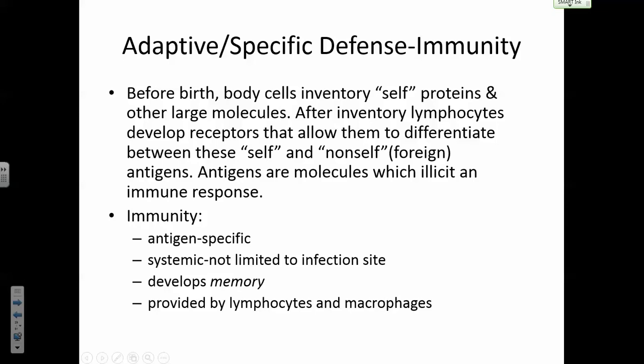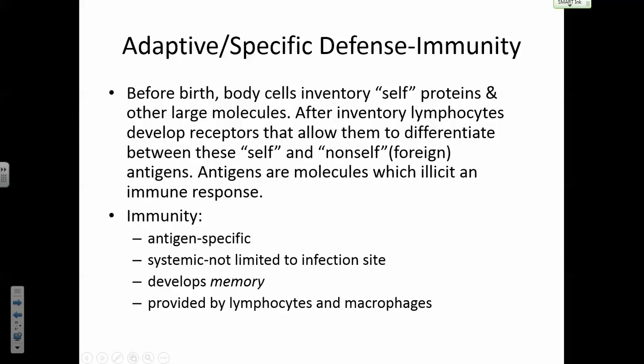The chemicals that are released and the activation of the immune system are due to antigens. So it's specific for certain antigens, not for a variety of things. And your immune system protects you not just in the place where the pathogen might be, but all over the body, wherever that pathogen roams.